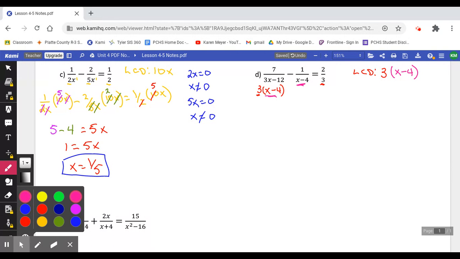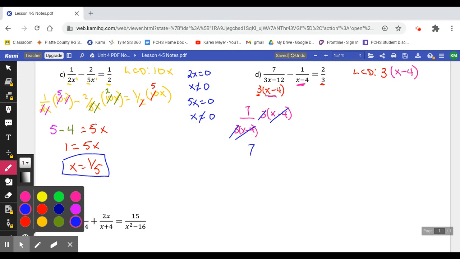So on my first fraction, when I take that times my LCD, hopefully everybody's going to say, oh, 3's cancel out, x minus 4's cancel out, so it's just 7. Because that fraction doesn't need anything from the LCD. It's exactly that.